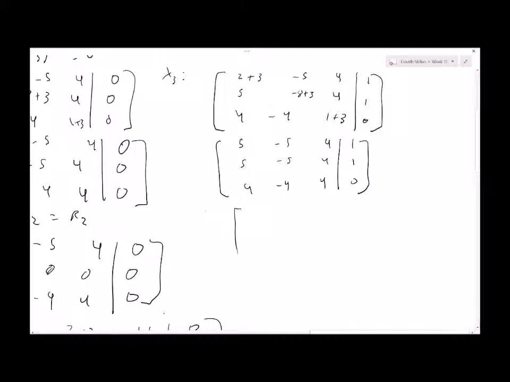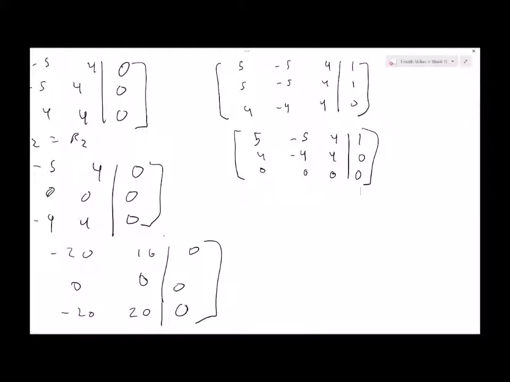So now we're left with 5, negative 5, 4, 1; 4, negative 4, 4, 0; 0, 0, 0, 0. I just moved that, made that row of zeros. And then from here we can do the same thing, multiply by 4, multiply by 5. We're left with 20, negative 20, 16, and 4.